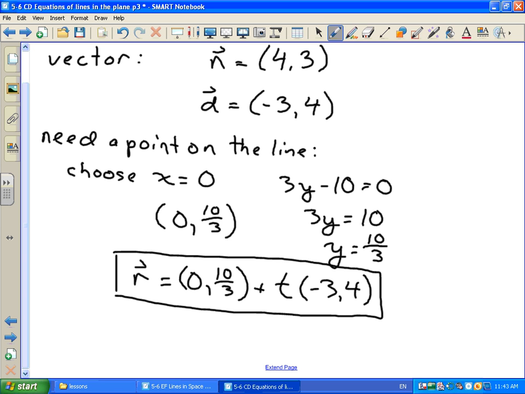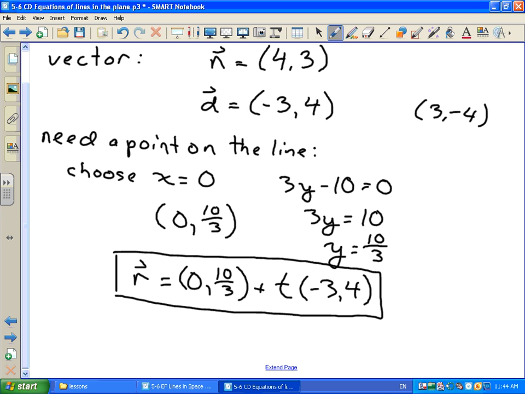Of course, you could have chosen x to be anything and gotten a different point that was on your line here. You could have also chosen 3, -4 as your direction vector as well. Okay? And it would give you not the same equation of the line, but an equation that is equivalent.